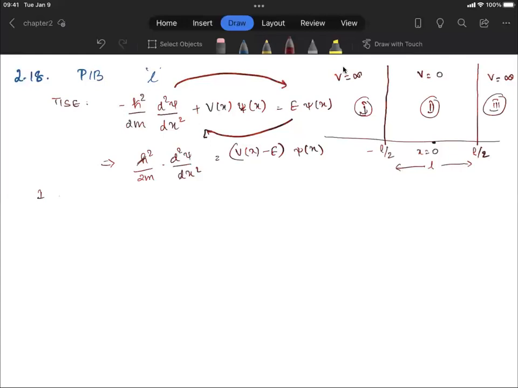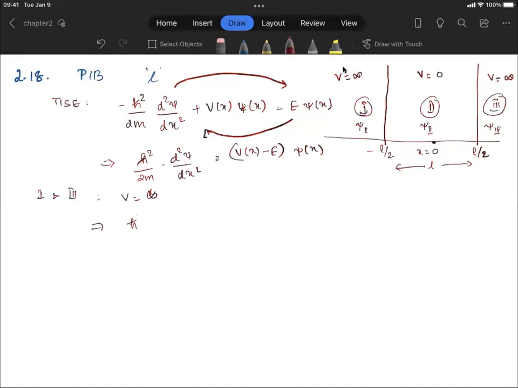In regions 1 and 3, let me call the wave functions psi 1, psi 2, and psi 3, just like the derivation in the book. Now, in regions 1 and 3, V is equal to infinity, right? There's infinite potential.